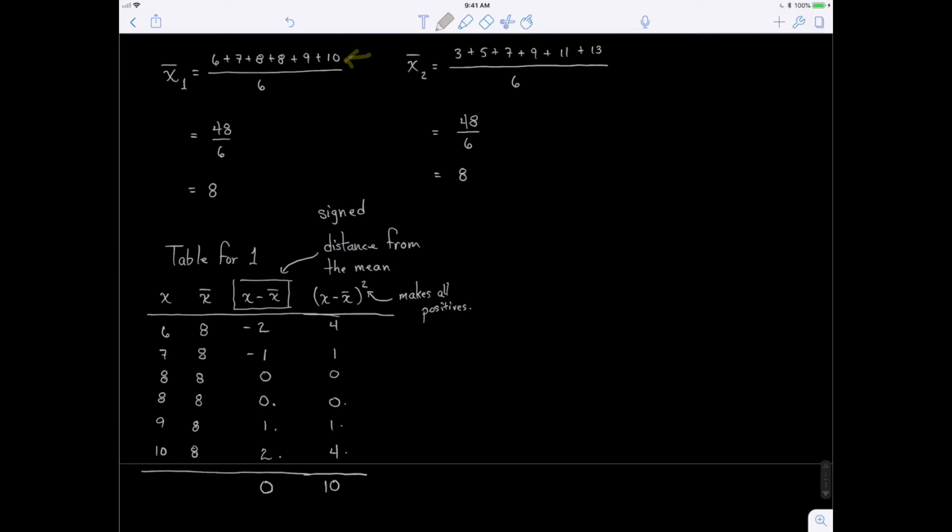And then, here's what we do. I'm going to tell you what the variance is. The variance is the average of the square of the signed distances from the mean.